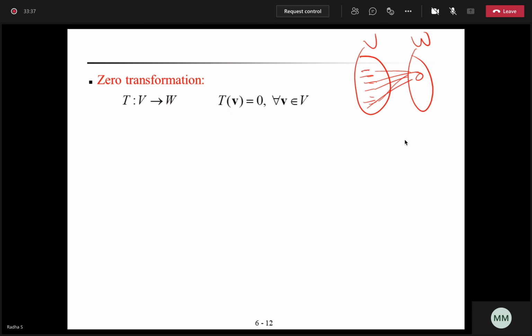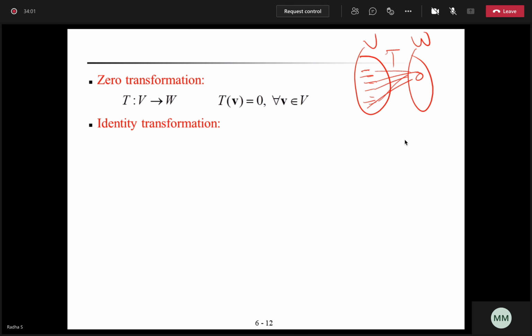That is called a zero transformation. So what is the range of this linear transformation? Only zero. But the codomain is the entire vector space W. The image is only zero, because every element in V is mapped onto zero. Is this clear? That is the meaning of zero transformation.